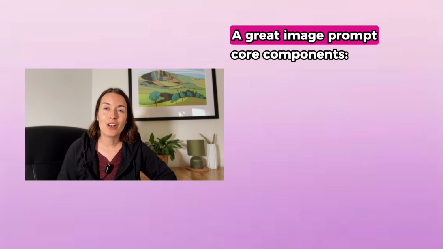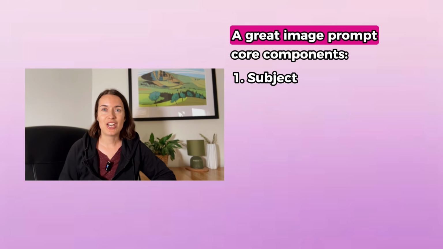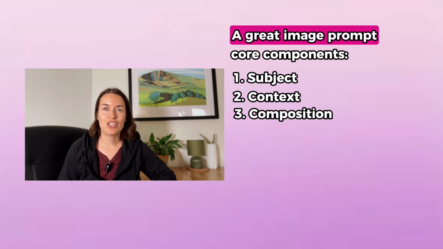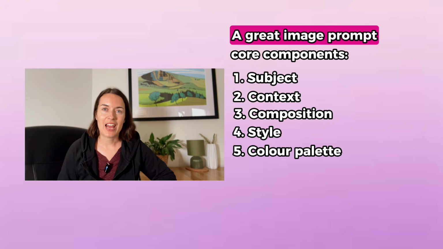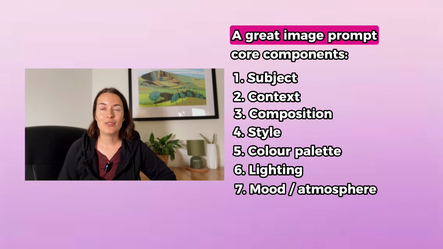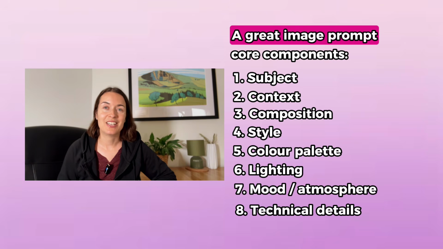And it's got the following core components: subject, context, composition, style, color palette, lighting, mood or atmosphere, and technical details. So now let's talk about each of them in detail, look at some examples, and finally put them all together in one prompt and see what the result will be.